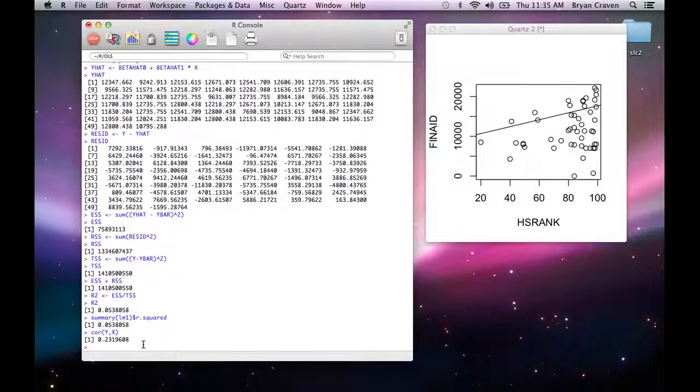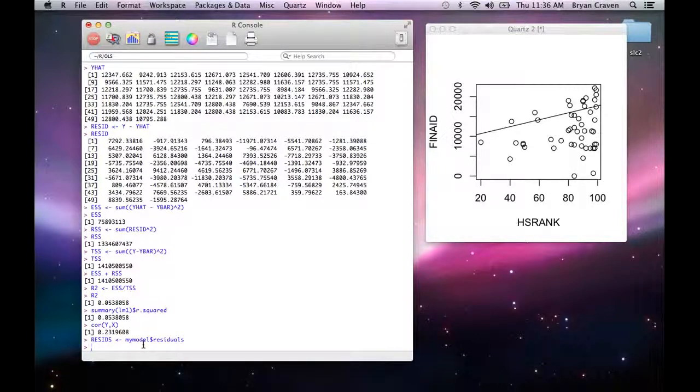So the first step is we're going to extract the residuals from R. This is an easier way of getting residuals than the way that we just did it, which was basically calculating them manually. So we're going to say resids, and we're going to say my model, and we're going to put a dollar sign and tell R specifically what we want to pull out of my model, residuals.